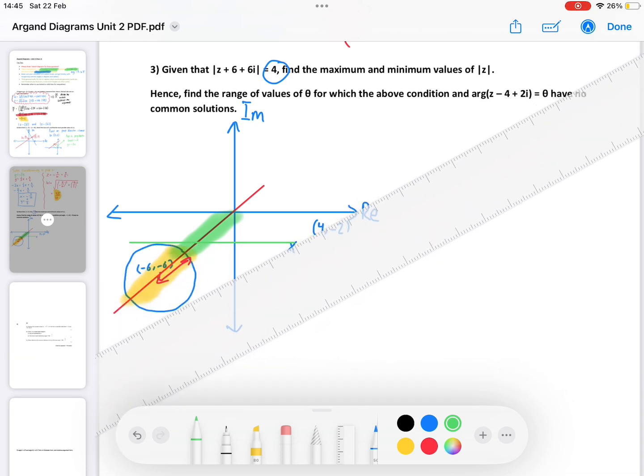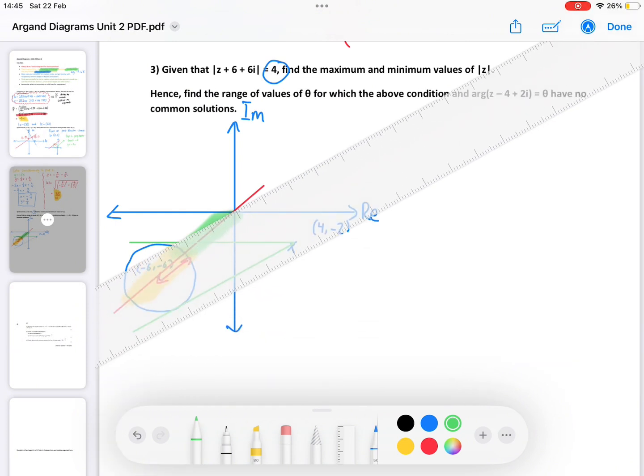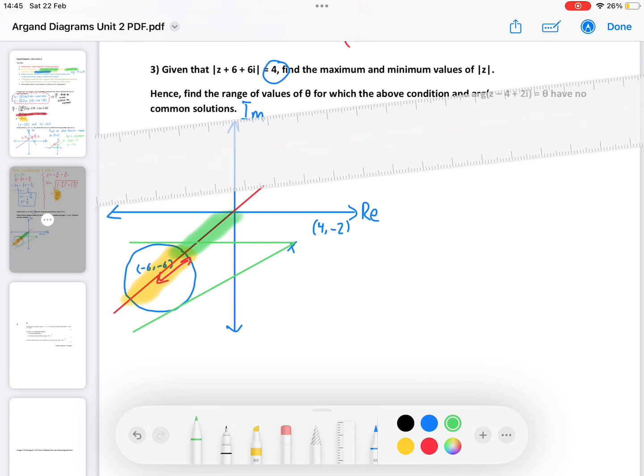And the special thing about these lines is that they are tangents to the circle, so they only pass through the circle at one point, and therefore anything outside of those won't intersect the circle at all, and there won't be any common solutions.